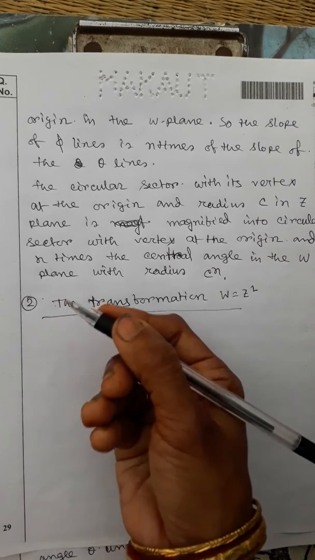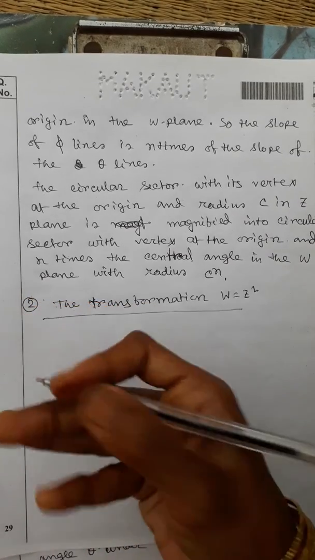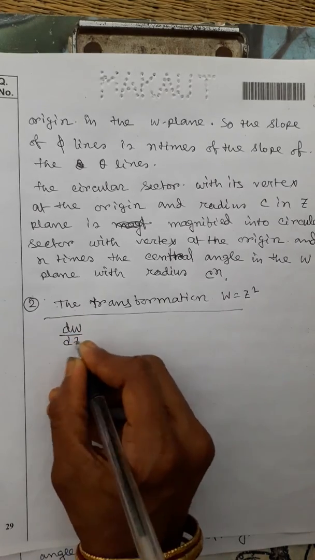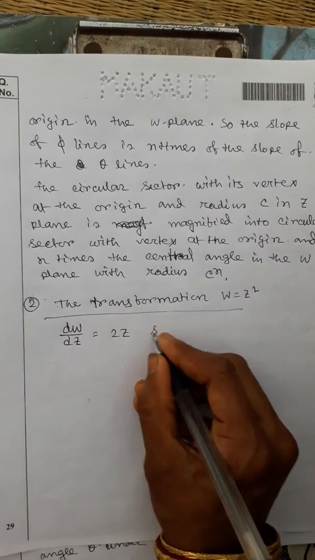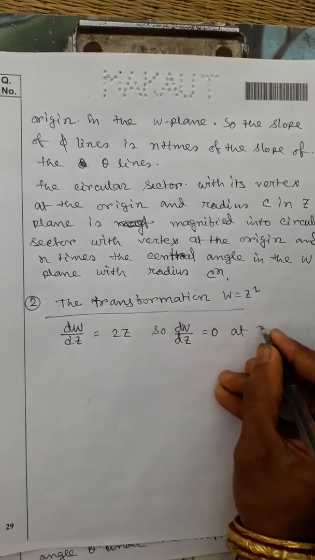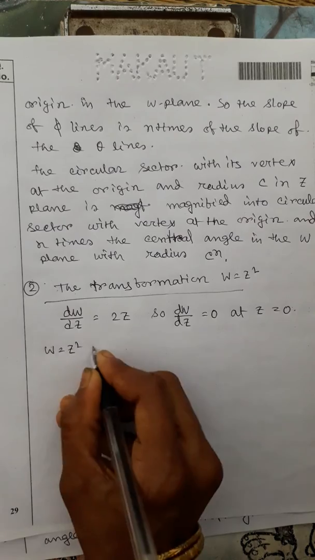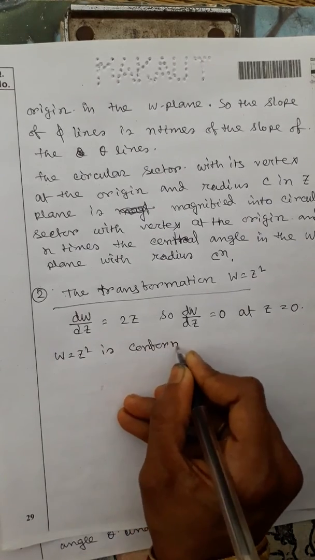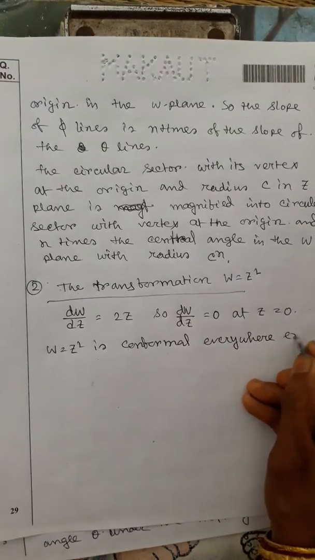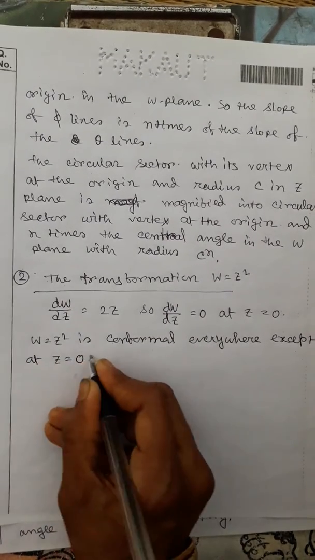This is a particular case of the above transformation, and we can discuss it similarly by converting it to polar coordinates. Here dw/dz = 2z, so dw/dz = 0 at z = 0. Thus the transformation w = z² is conformal everywhere except at z = 0.